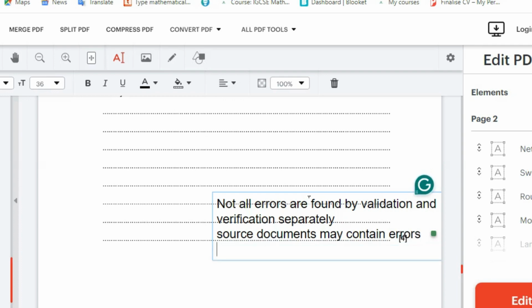And thirdly, validation checks are carried out automatically by the computer.